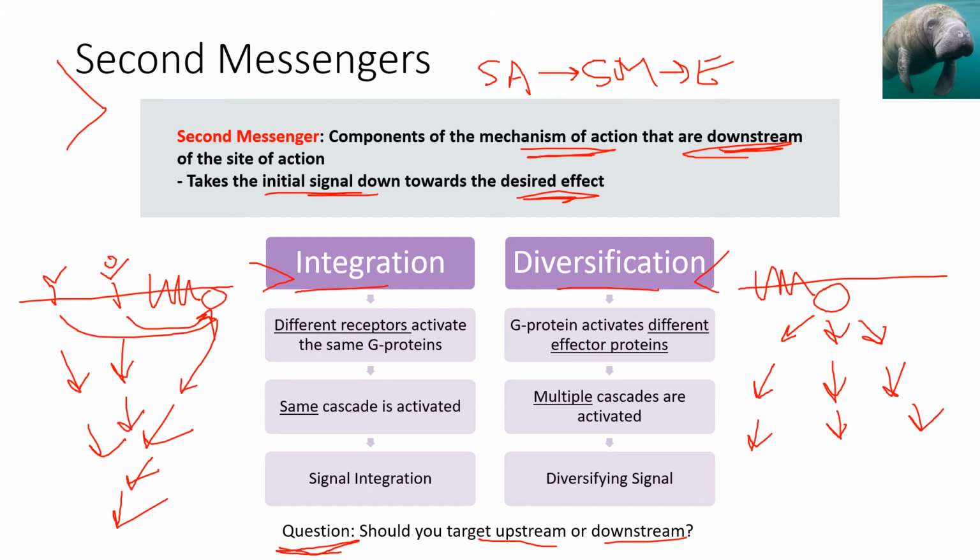So if integration is involved, multiple methods may be needed to block multiple pathways that converge into the same effect. However, if diversification is involved, if you block an upstream location, then it might lead to deleterious effects from blocking these multiple diverging pathways.